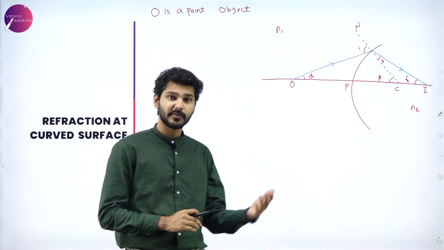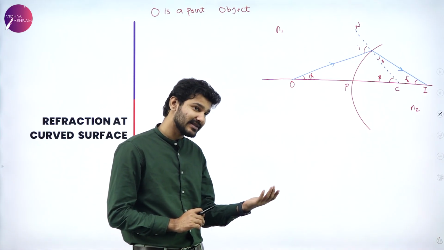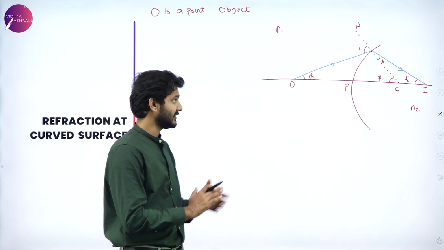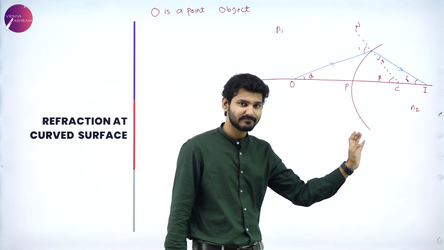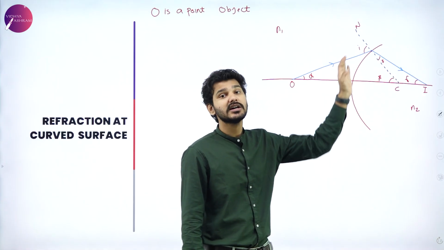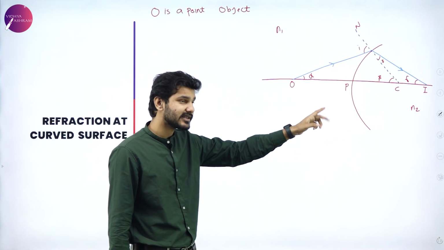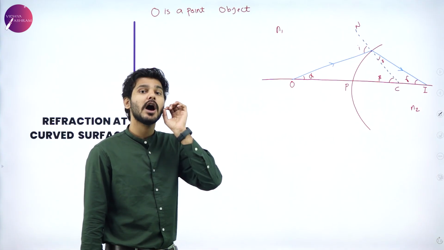That is the phenomenon of bending of light when it enters or is refracted at a curved surface. So let us take a look at what happens. Here I am going to consider a spherical surface, or just simply a curved surface, and this is the principal axis and there is an object which is considered as a point object.